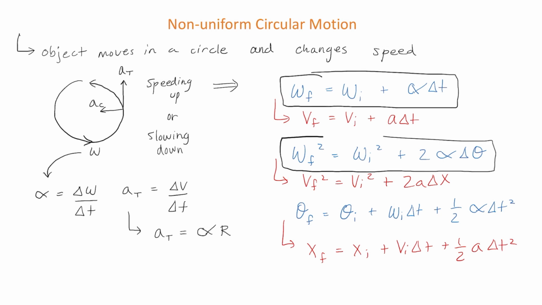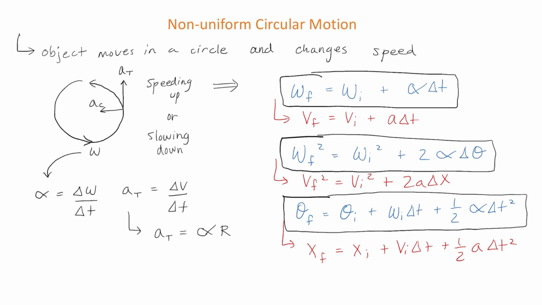And now in these non-uniform circular motion questions, a lot of the time you are asked to find the number of revolutions that the object does as it's speeding up or slowing down. So if you're asked to find the number of revolutions, use this equation, where the number of revolutions is equal to the final angular position divided by 2 pi. And those are the main equations you will need to answer non-uniform circular motion questions.